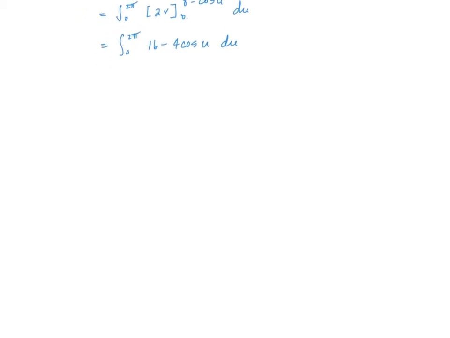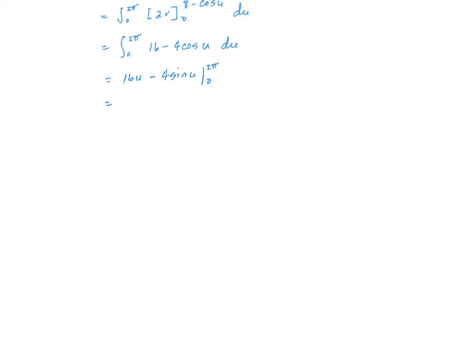And then that would be 16u minus 4 sine u, 0 to 2 pi. 16 times 2 pi is 32 pi. Sine of 2 pi and sine of 0 are both 0. So it looks like it's just 32 pi. All right.